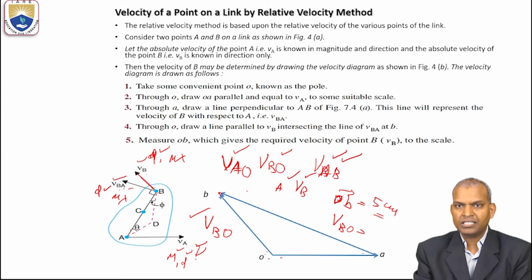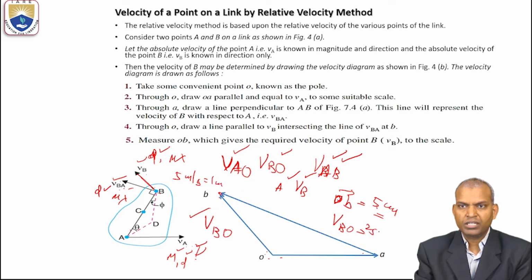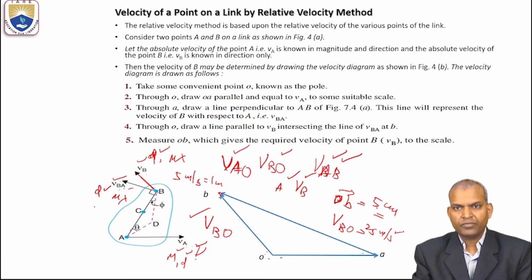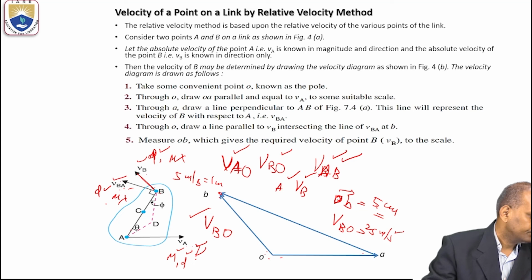As I mentioned before, 5 meter per second equal to 1 centimeter, so 5 centimeters means 5 into 5, that is 25 meter per second. Thus, we find the velocity of B with respect to O. That is the introduction of the relative velocity method.